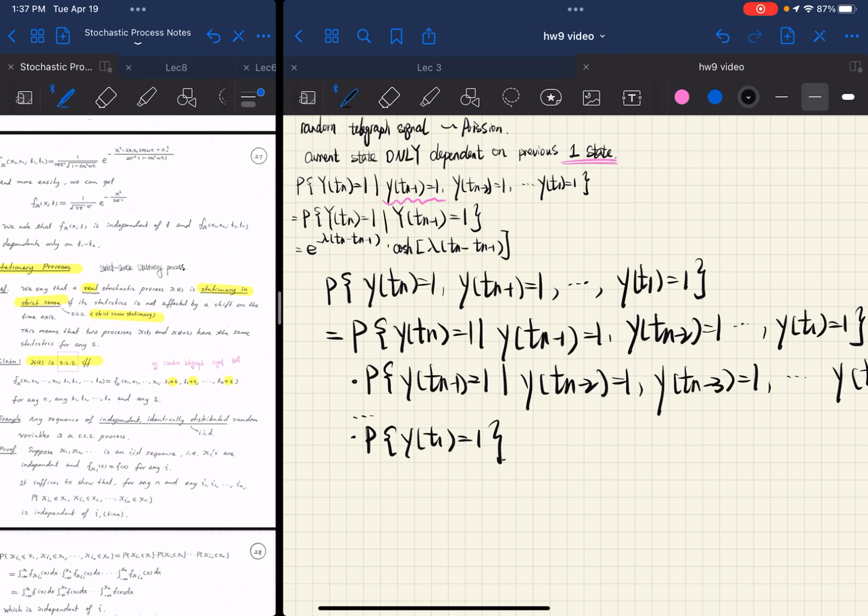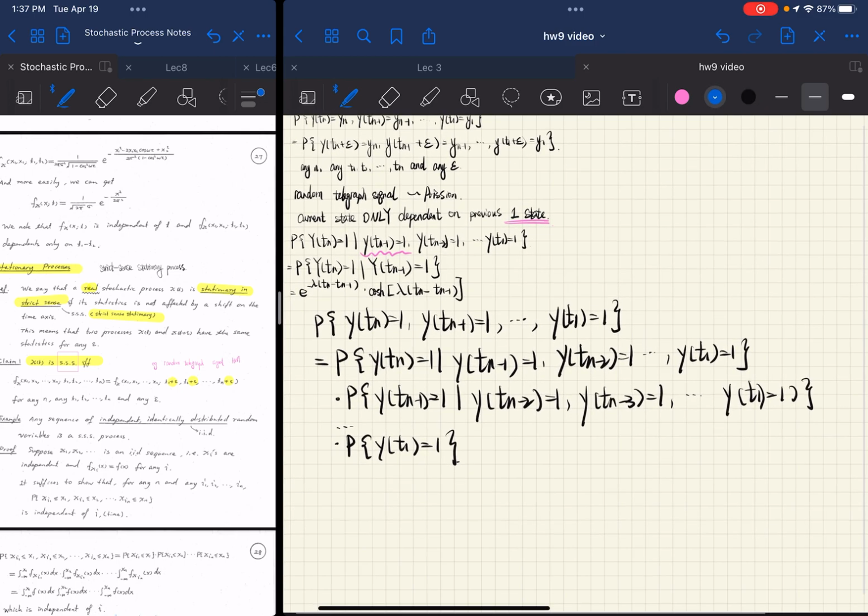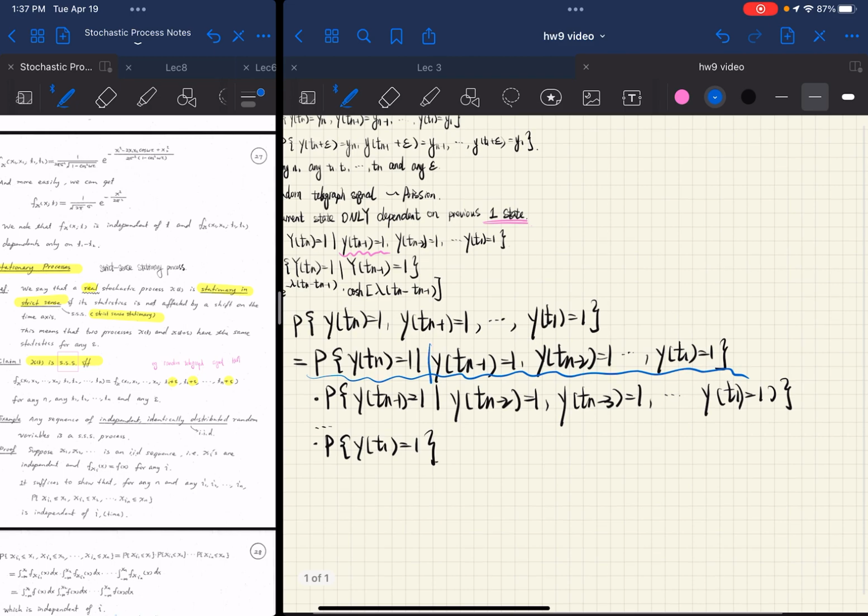Since previously we derived that this term is only dependent on the previous state, it can be rewritten as the probability of Y(tn) equals 1 under the condition that Y(tn-1) equals 1.